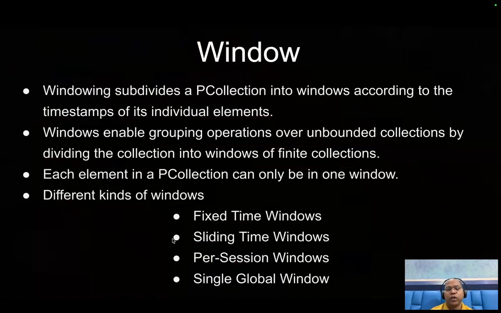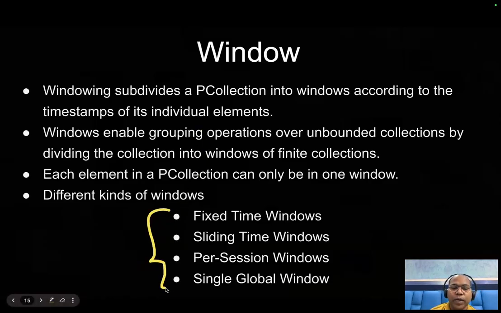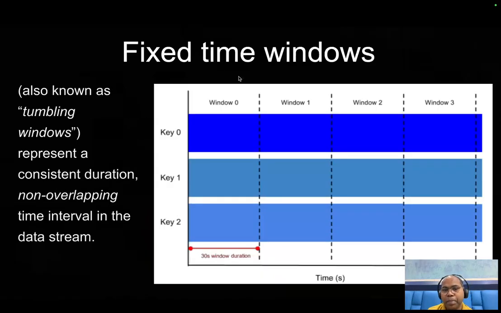Let's talk a little bit about them, because these are very key concepts for understanding how windowing strategy works in the Apache Beam model. According to your business use case you have to select fixed, sliding, session, or global. So let's talk one by one.